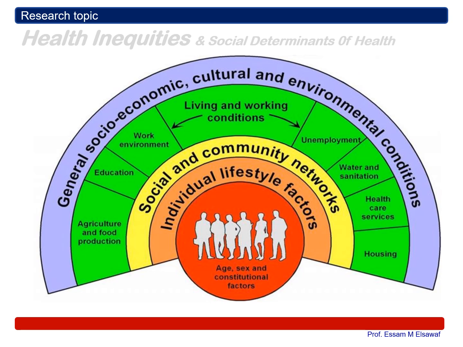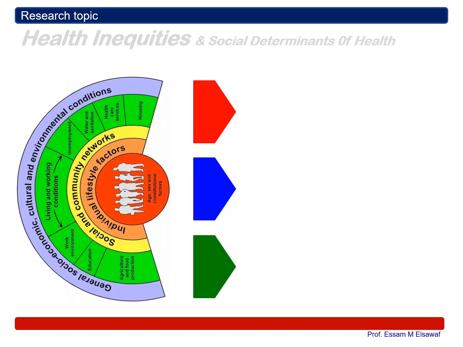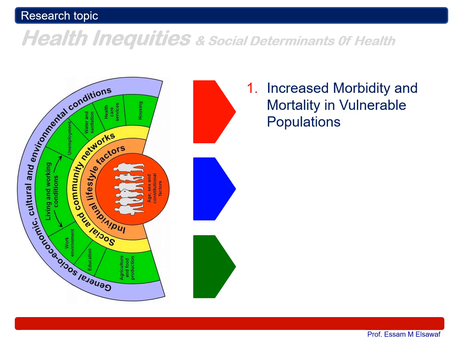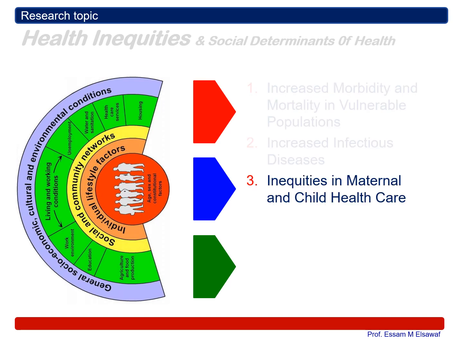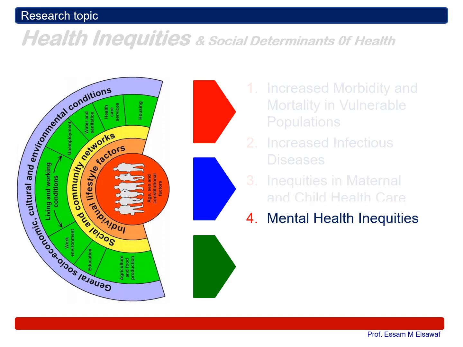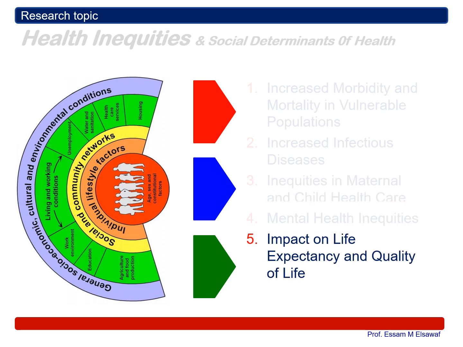Now we can see that the health inequities due to social determinants of health can lead first to increased morbidity and mortality in vulnerable populations, increased infectious diseases, inequities in maternal and child health care, mental health inequities, and impact on life expectancy and quality of life.